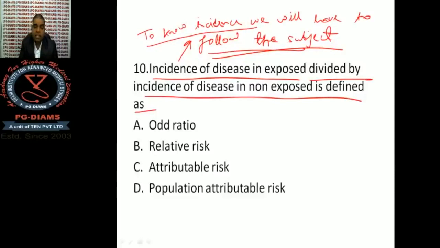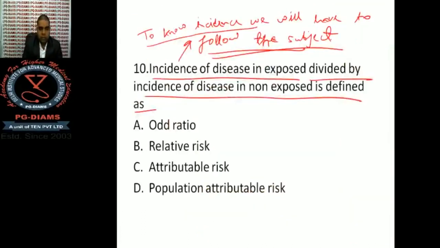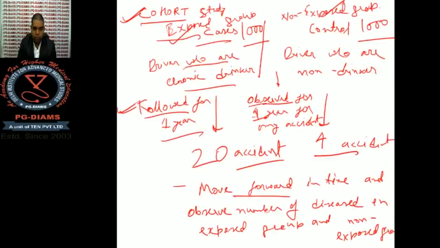And what is the study in which we follow the subject? We follow the subject only in cohort study and RCT. Only in 2 types of study do we follow them. In cohort, we move forward and follow them, observed for 1 year.